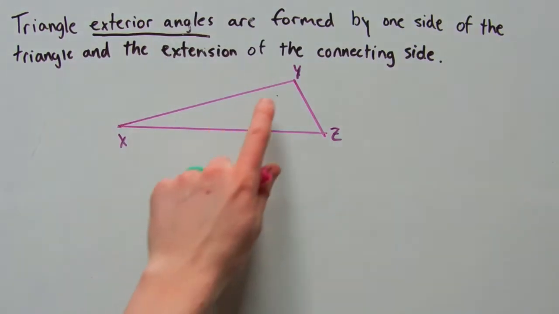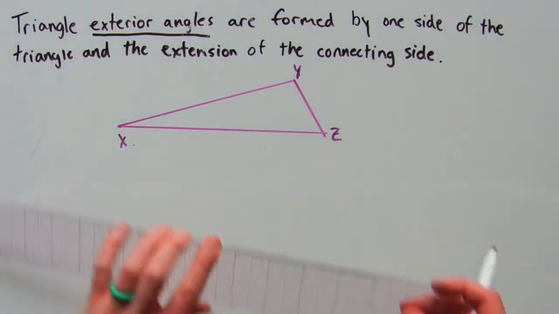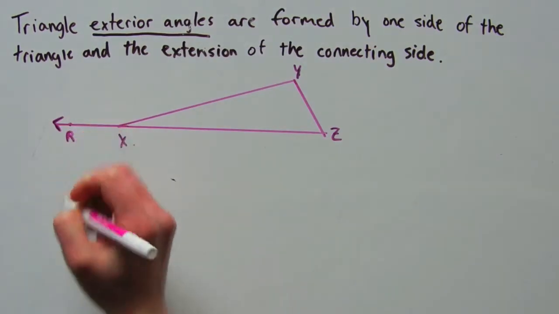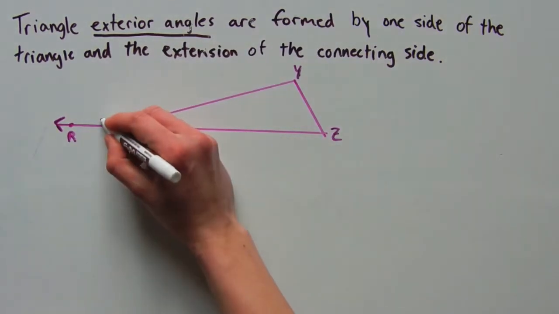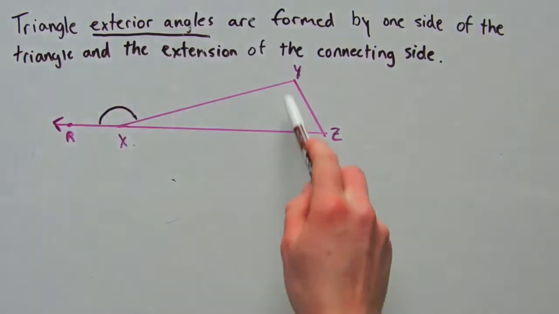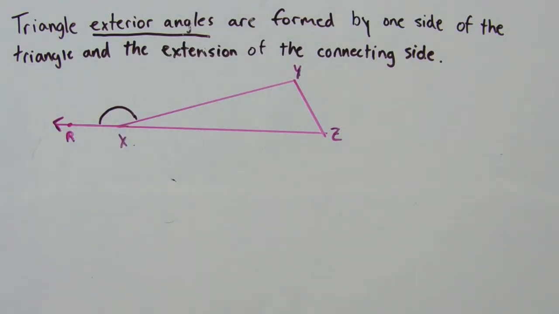So our side will be XY and we will extend the side XZ out to some point R. And when we extend XZ out through some point R, we get our exterior angle here, formed by YXR, and that is the exterior angle.